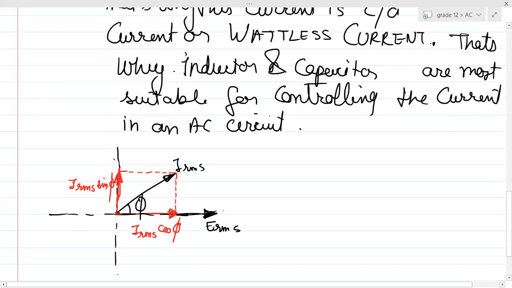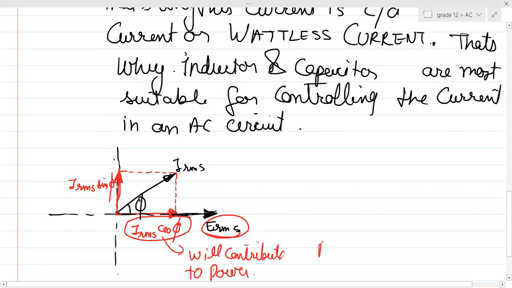Now this ERMS and this IRMS cos phi are in the same phase. So this component will contribute to power.